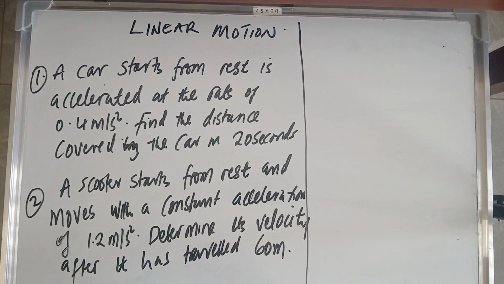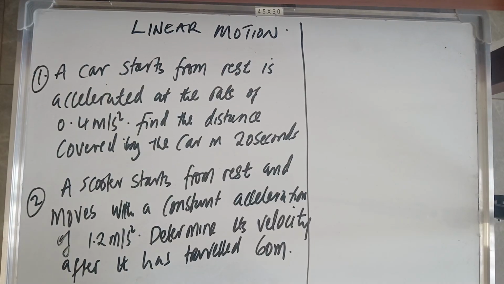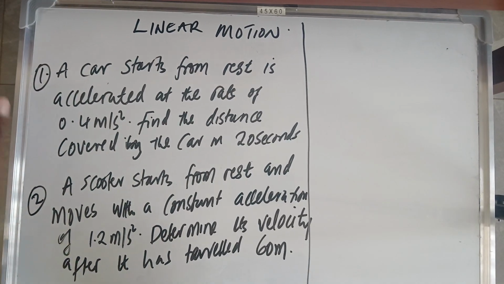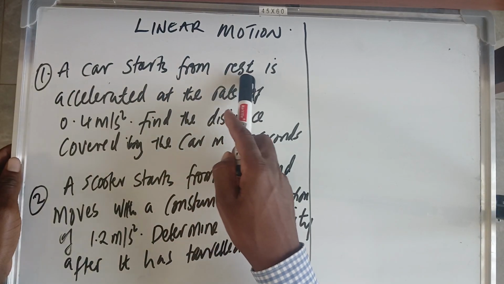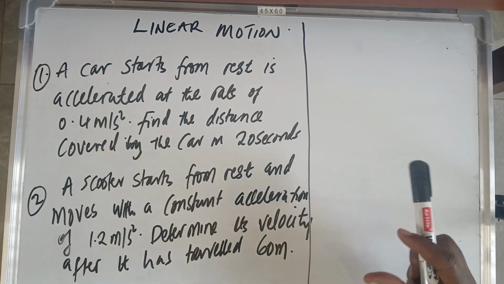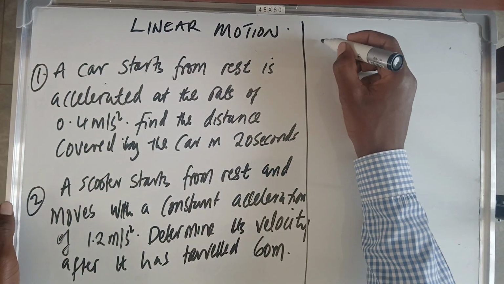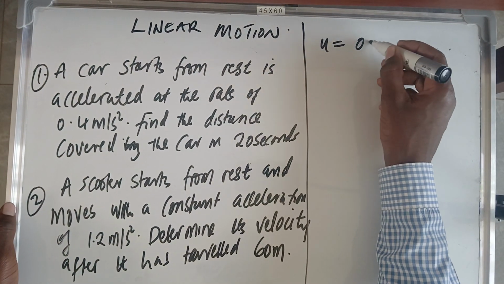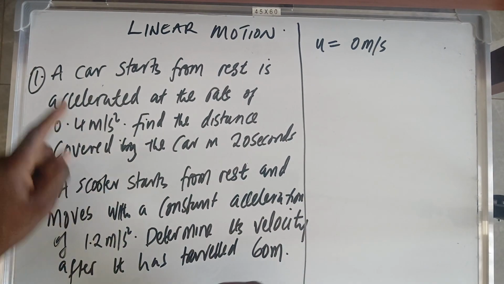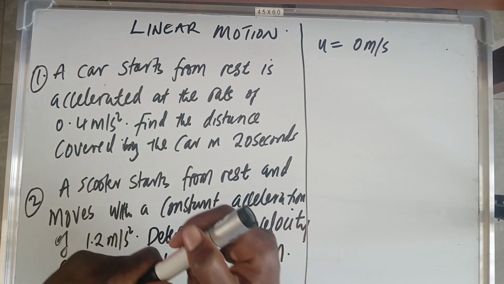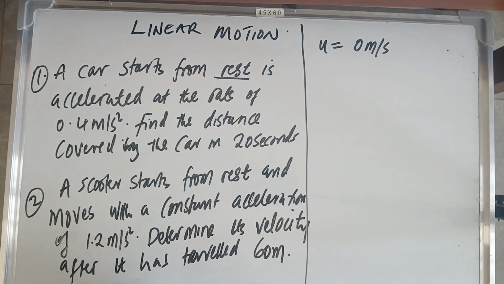So we said the first thing that you have to do is to collect the information that you have been given. The car is starting from rest, so the initial velocity is 0 meters per second.